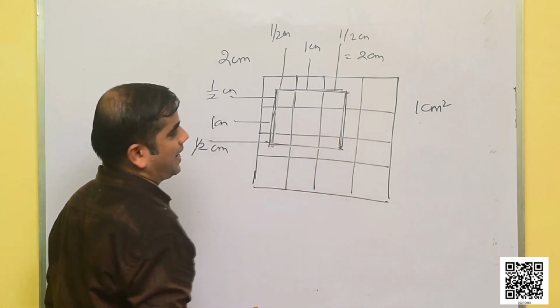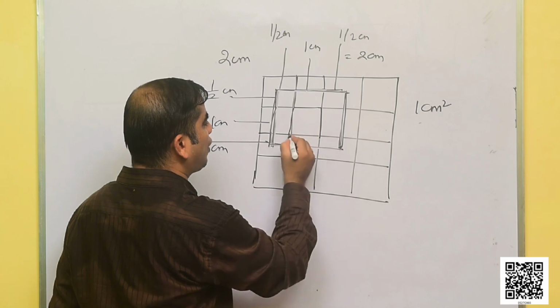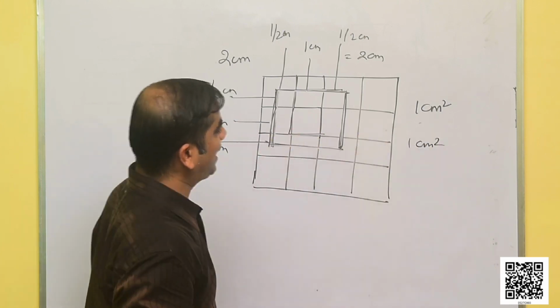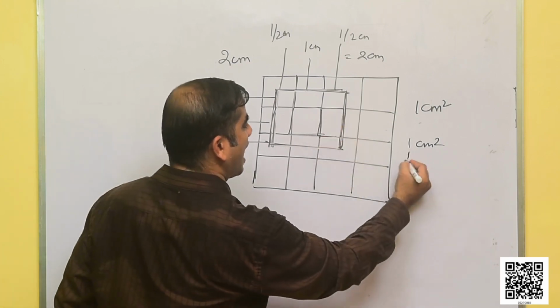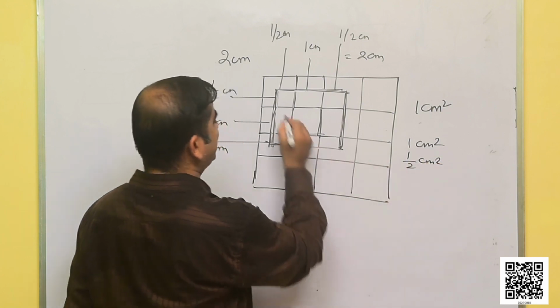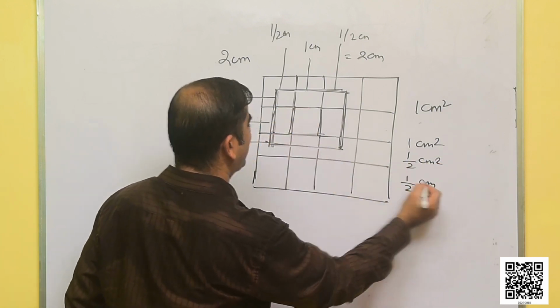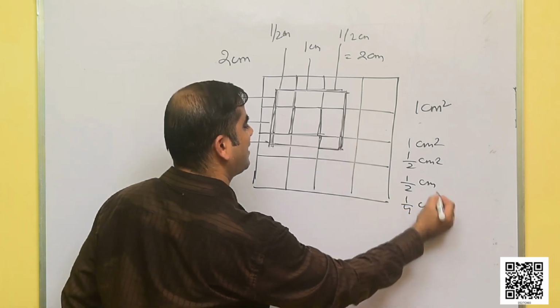So the area of this square, let us check by calculating the squares. This is full, 1 centimeter square. This is half, so half centimeter square. This is half centimeter square. This is 1/4, so 1/4 centimeter square.